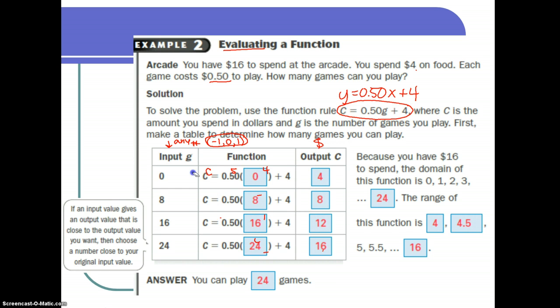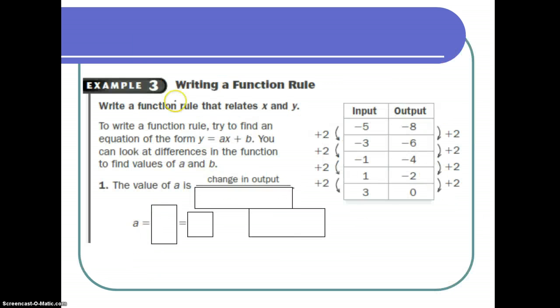And that's what they did here. That is your answer. We are going to skip example 3, so you are finished with this lesson.